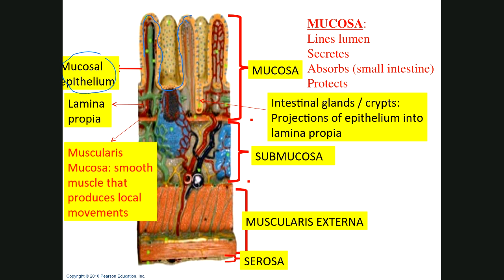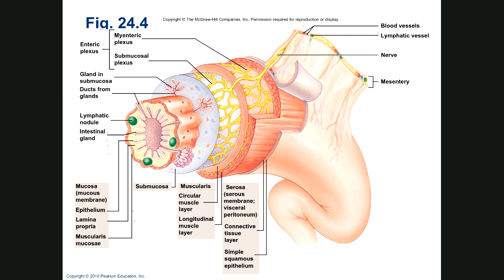The lamina propria, which is a thin layer of connective tissue, and the muscularis mucosa, which is a thin layer of smooth muscle. So again, the mucosa will be made of the simple columnar epithelium, which is this little pink line right there, the lamina propria, which is this yellow area right here, and the muscularis mucosa, which is this thin layer of muscle right there.